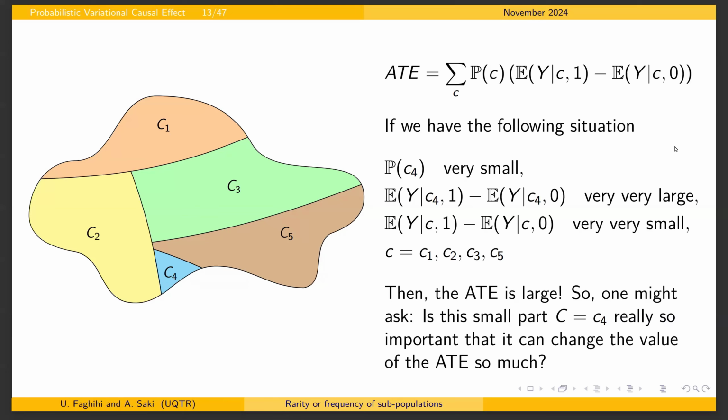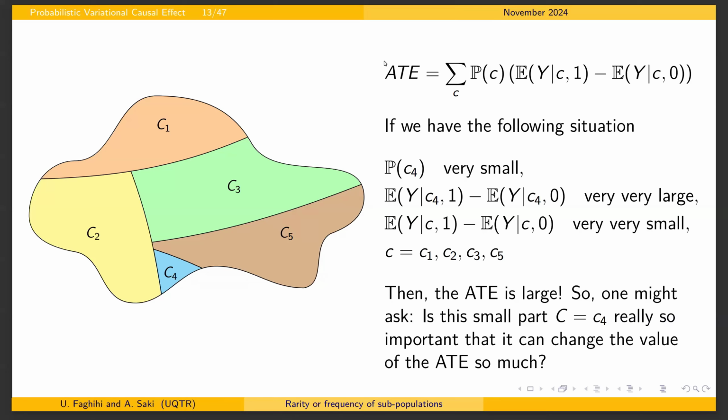Now, if we apply this formula, the expected value of giving treatment and not giving treatment, when we make the subtraction for C4, we will have a very, very large number. And if we do it for another C or for the whole population, you see that it's very small.